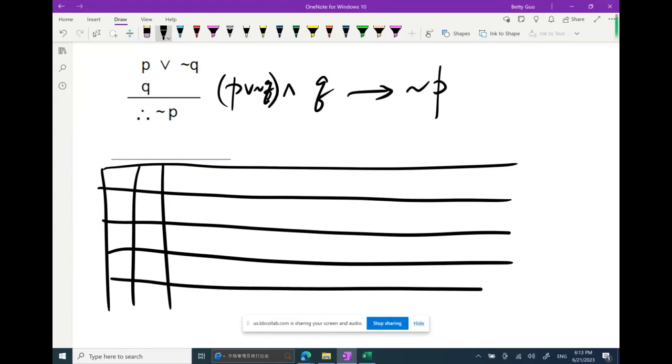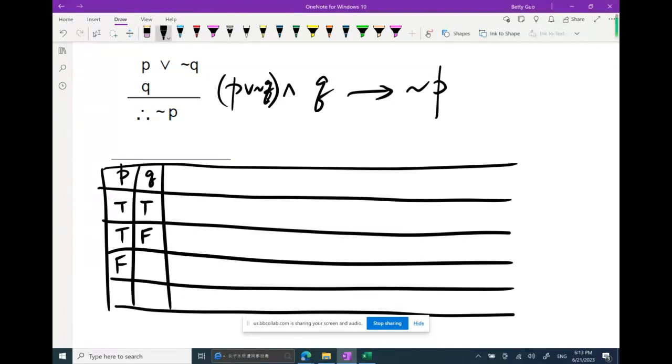One, two, three, 4. P, Q: TT, TF, FT, FF. And the last column is my target.